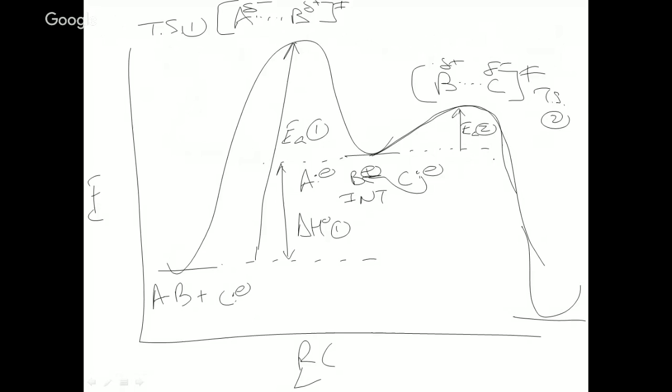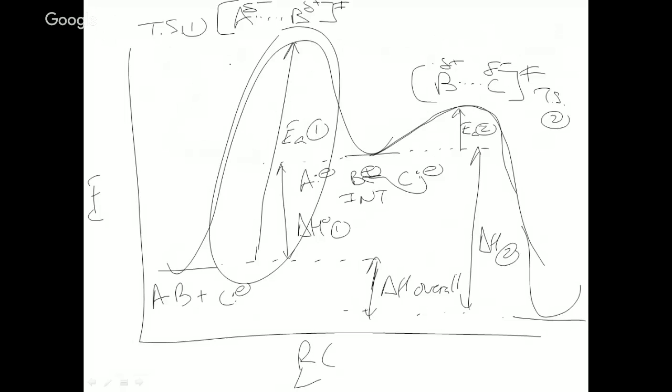So there's EA2, and then what do we have? The delta H of step 2, exothermic, and then the overall delta H is also exothermic. So it's putting two steps together. We have this intermediate. So what's the slowest step? Step 1. It's the highest, the most amount of energy necessary to make this reaction go.